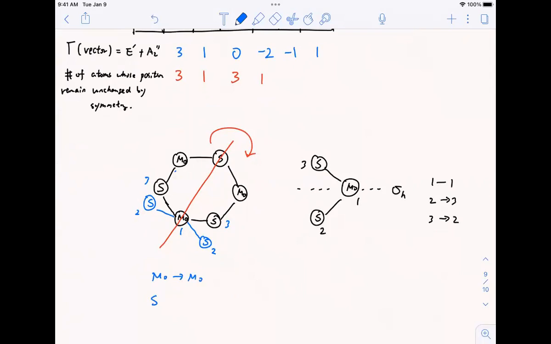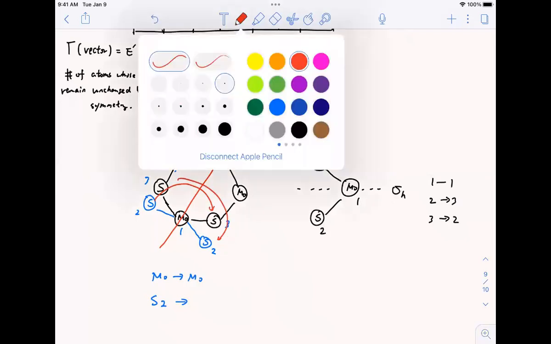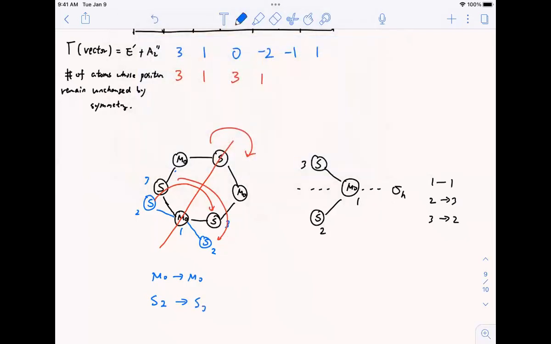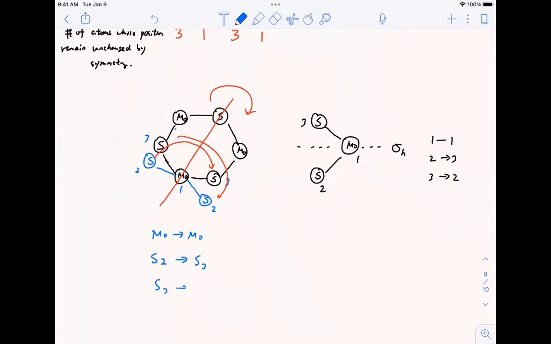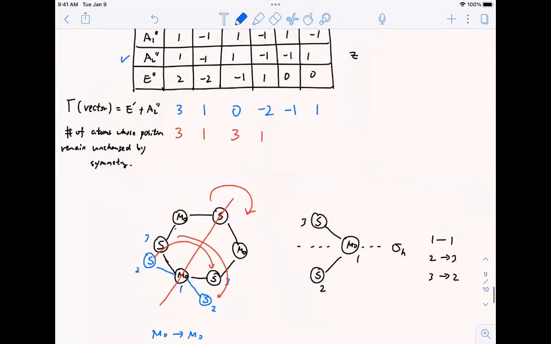But this S2 here, after a 180 degree rotation, will go to here. And then this one will go to here. So this one will be S3, and then S3 will become S2. So what is this operation?